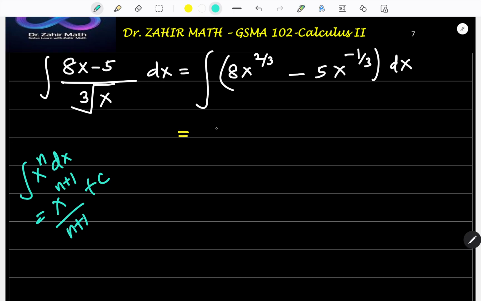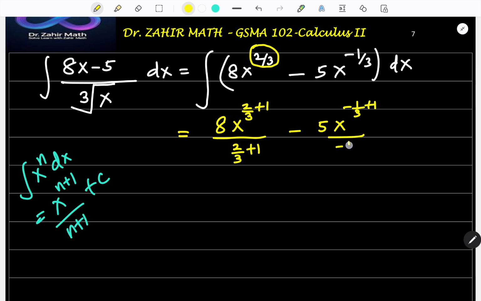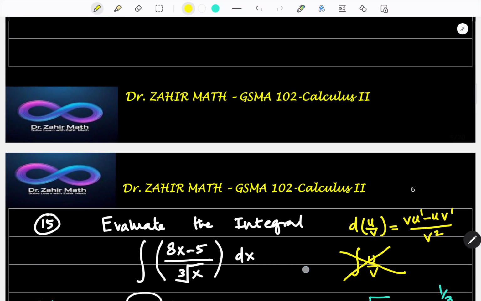Right. So this equals, I'm going to apply 8x to the power of, what is your n? 2 by 3. 2 by 3 plus 1, okay, right, divided by 2 by 3 plus 1 minus 5x to the power of minus 1 by 3 plus 1 divided by minus 1 by 3 plus 1 plus integrating constant what?